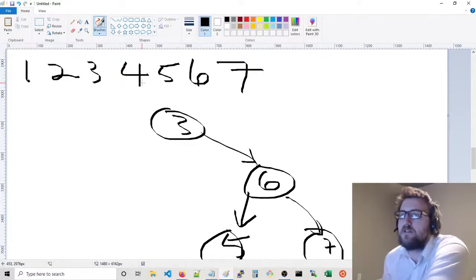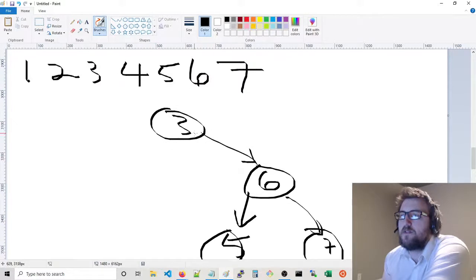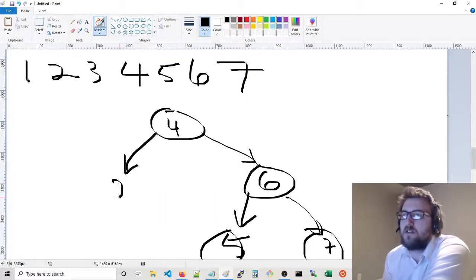And then you still have 4 though. So probably want this to be a 4 then. And it doesn't really matter what you put on the left side. You get 2, 1, and 3.